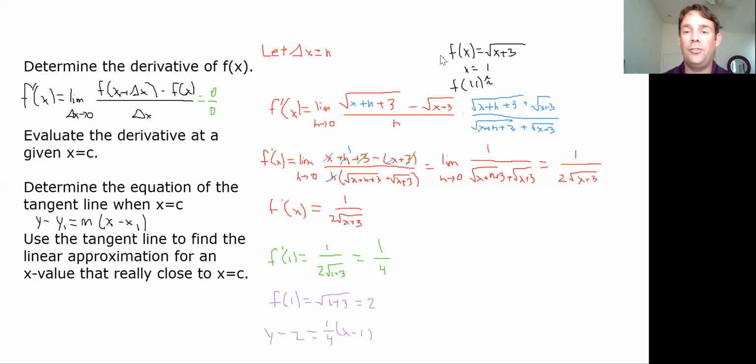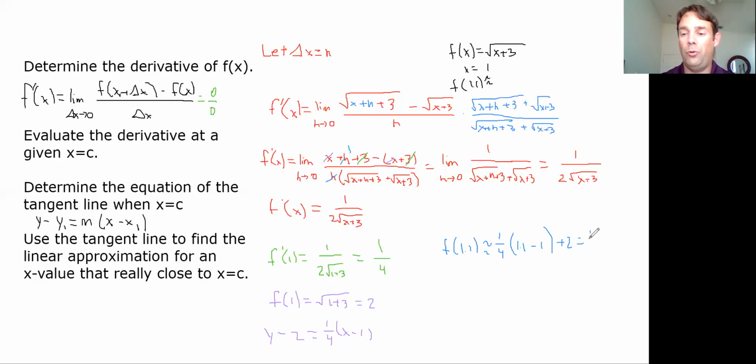And then I asked you guys to figure out what is the linear approximation of 1.1. So if I plug 1.1 in there, that would be about 1/4 times 1.1 minus 1, plus 2. So 1.1 minus 1 is 0.1, which would be 1/10.